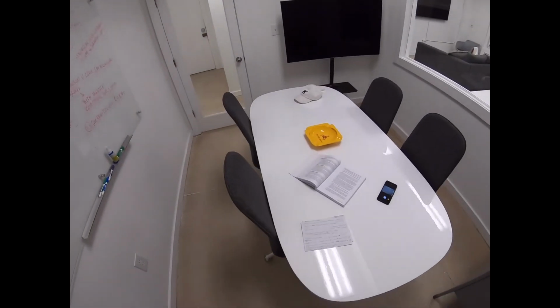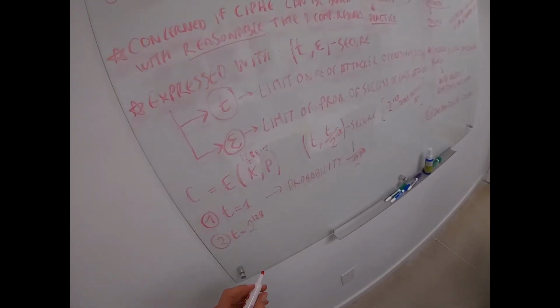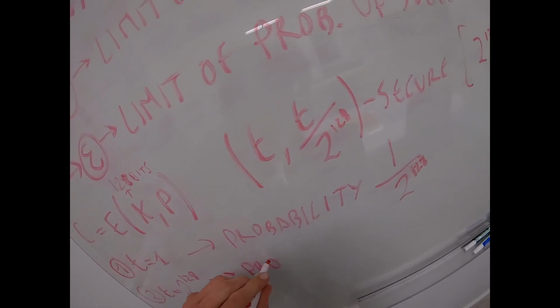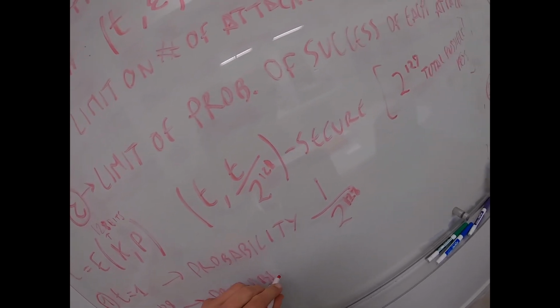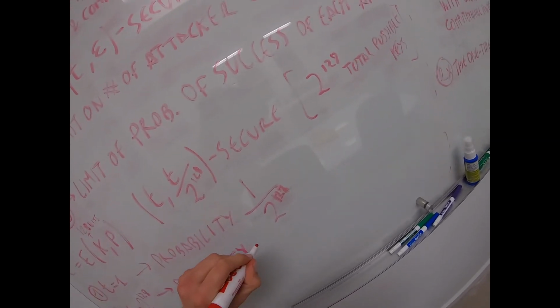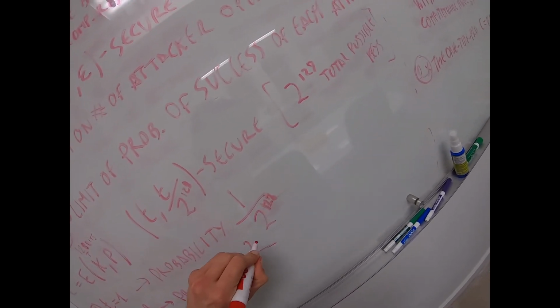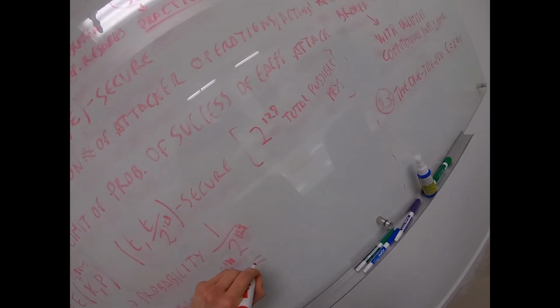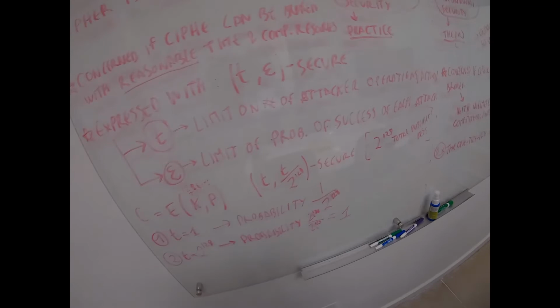Now guess what the probability is? The probability is 1. Why? Because it's gonna be 2 to the 128 over 2 to the 128, which simplifies and gives you 1, okay?